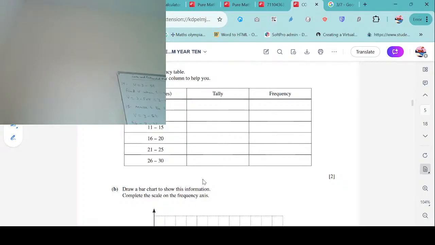For 6 to 10, 7, 6, 9, 8. 1, 2, 3, no, 9, 8, 4. It's more, right? Yes. Okay, so this is 4. Are you sure of this one? Yeah. Alright. 11 to 15: 1, 2, 3.